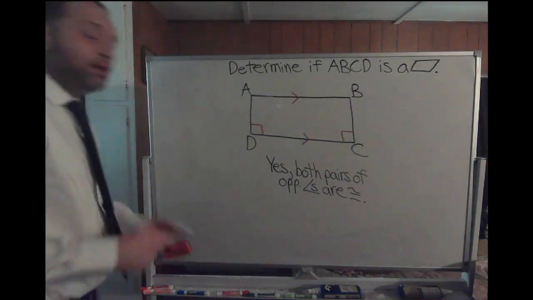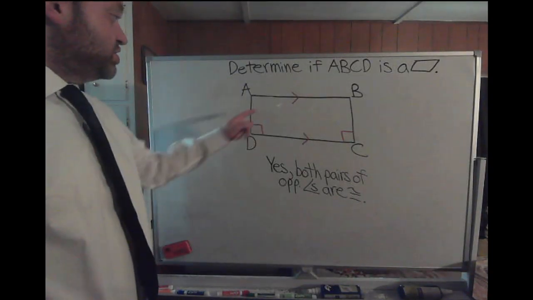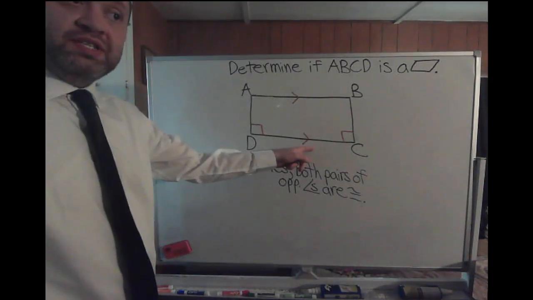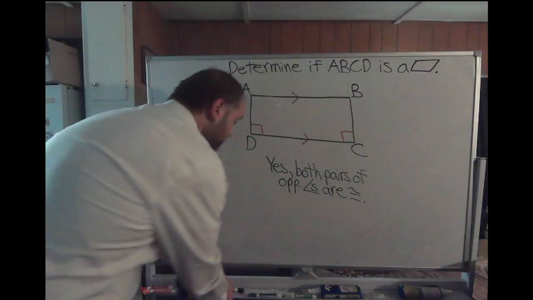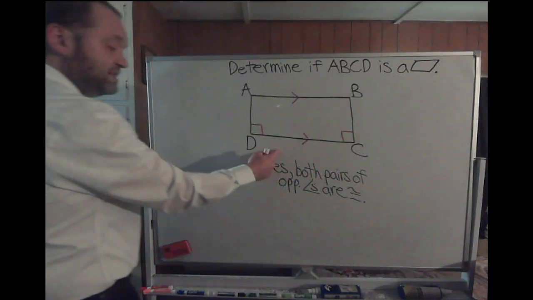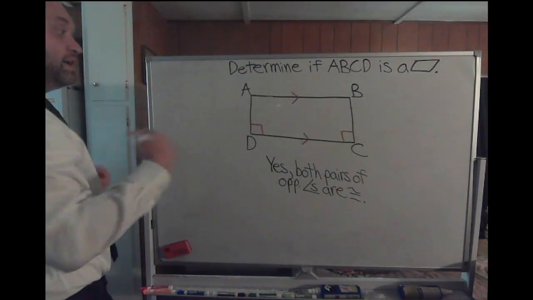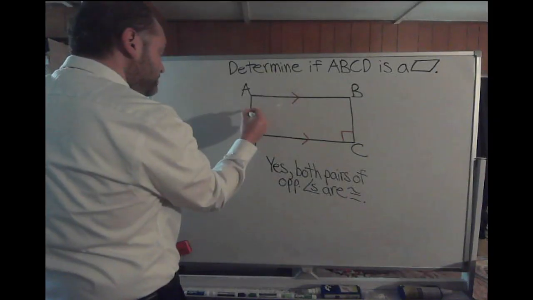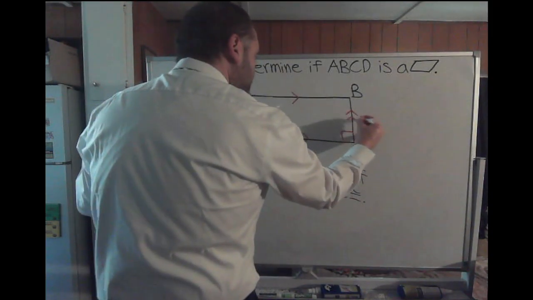Why? Remember that theorem from not too long ago that says that two lines perpendicular to the same line are parallel to each other. So two lines here, AD is perpendicular to CD, and BC is perpendicular to CD. That means that they're parallel to each other. So AD is parallel to BC.